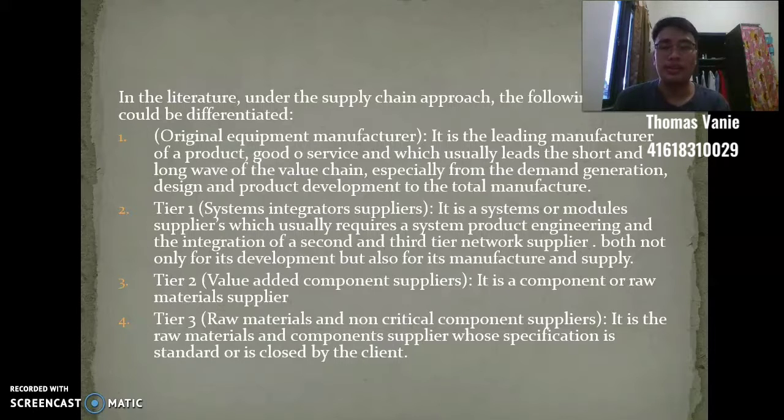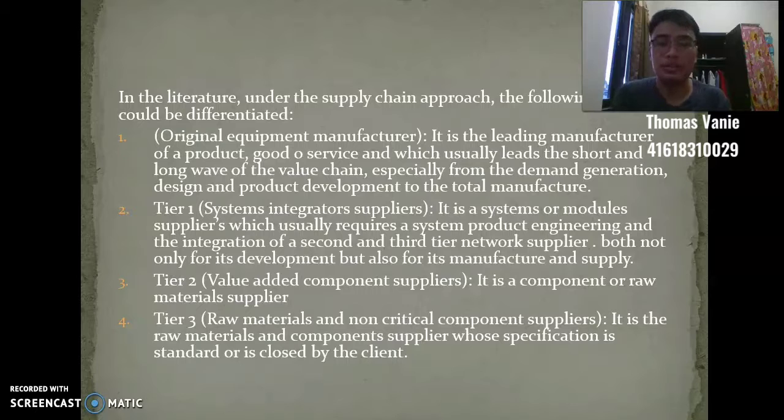And tier 1 supplier-based system, and these are supply systems or modules that normally require product engineering that integrate systems from the second and third level grid suppliers. Both are not only for its development but also for its production and supply.